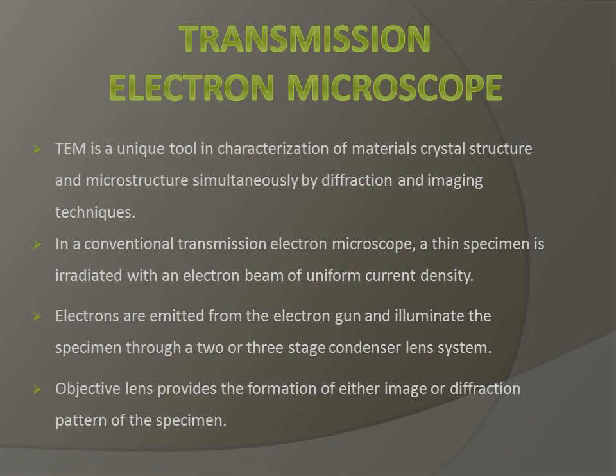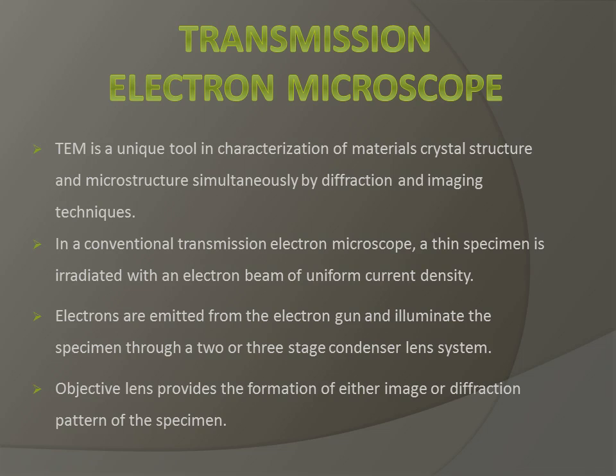As we saw in the earlier schematic presentation, there are three stages of condenser lens system, where the electrons are condensed and illuminated on the sample, and the objective lens provides information.